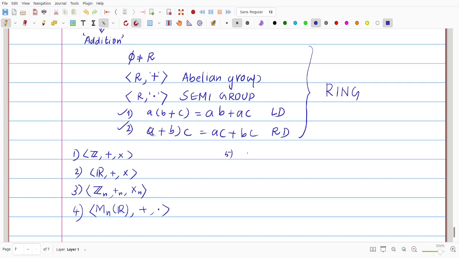Some interesting rings: consider the set of all functions f from real numbers to real numbers.